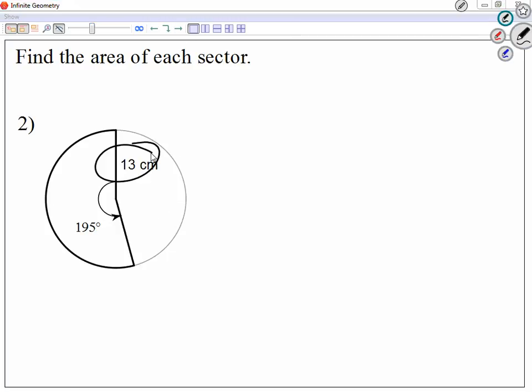My radius is 13, and I know 13 squared is 169. So the area of a circle is 169 pi over 1. Once again, 169 is 13 squared.